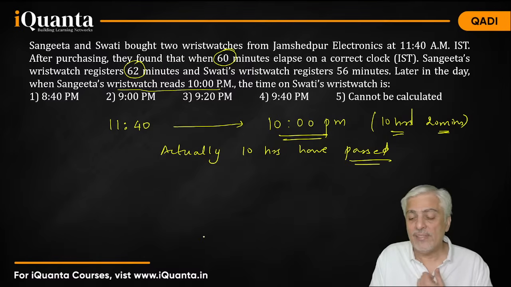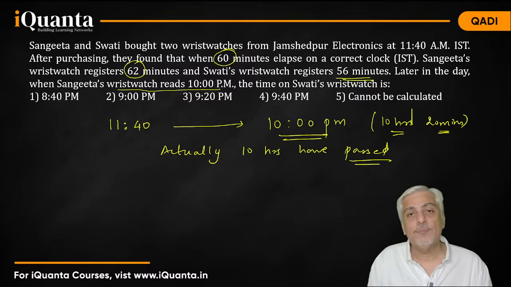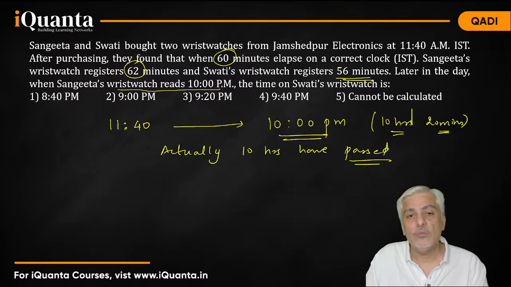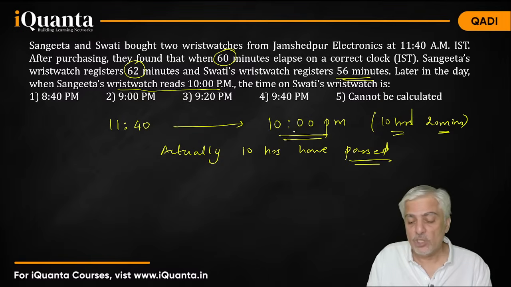Now, while the other person's watch loses 4 minutes per hour, so how much will it lose now? The actual time is not 10 p.m. The actual time, only 10 hours have passed.